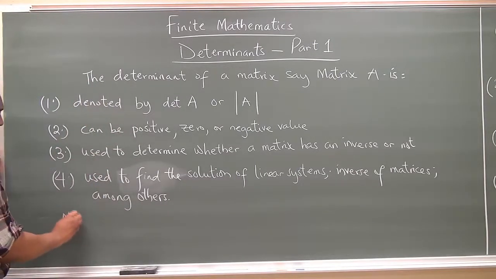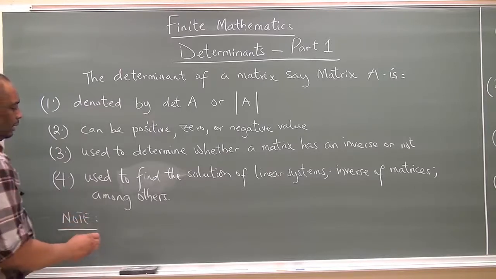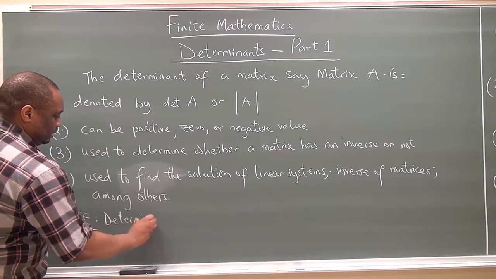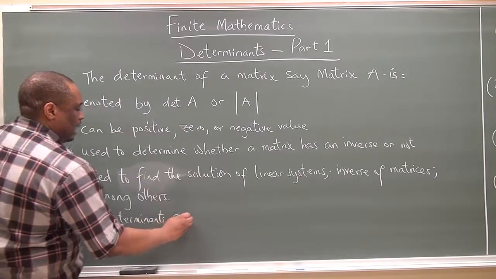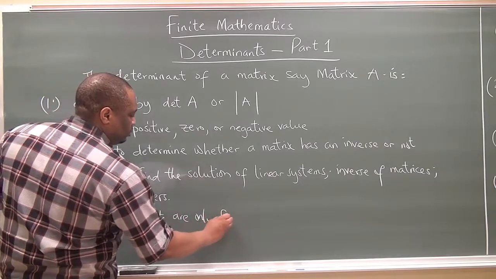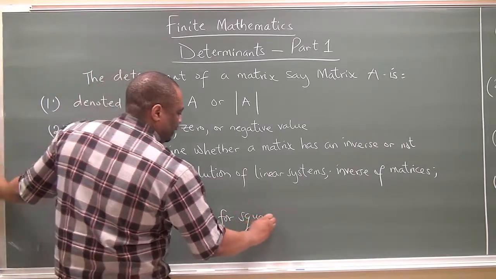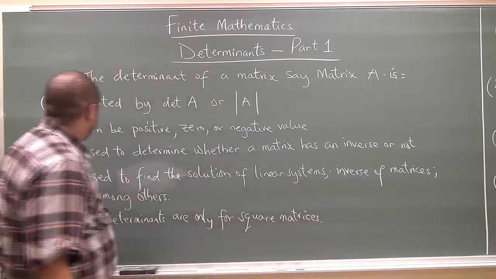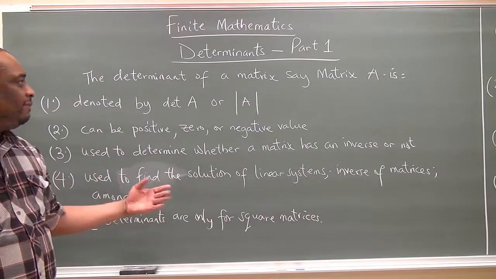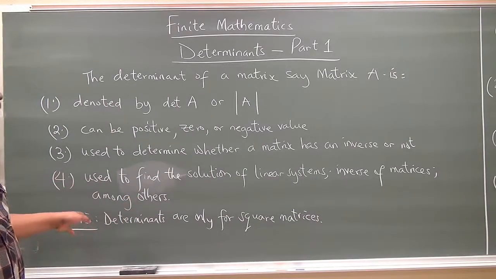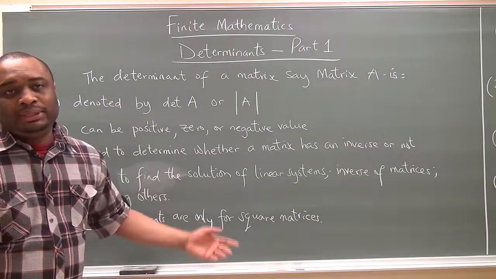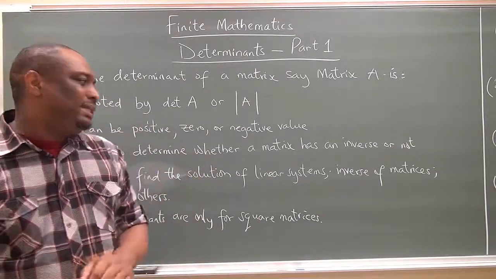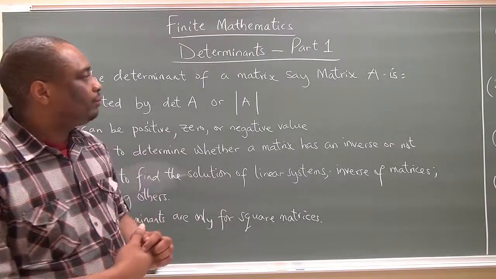Note that determinants are only for square matrices. In other words, if you want to call this number 5, that's fine. The determinant of the matrix is just for square matrices. For matrices that are not square matrices, they do not have determinants.